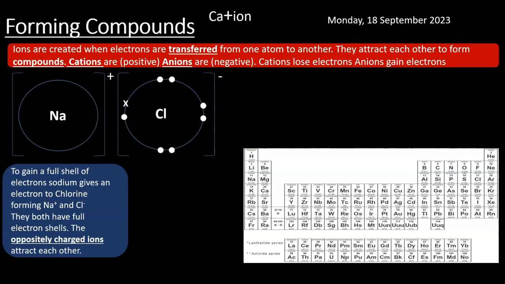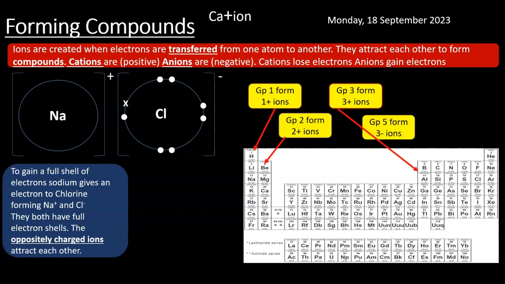And once these ions are formed, their opposite charge gives an electrostatic attraction to each other. So we call this opposite charge attraction electrostatic attraction. And that's what sticks the ions together.